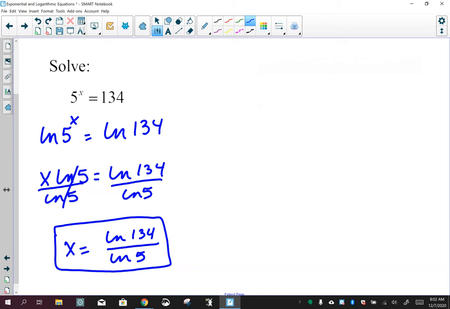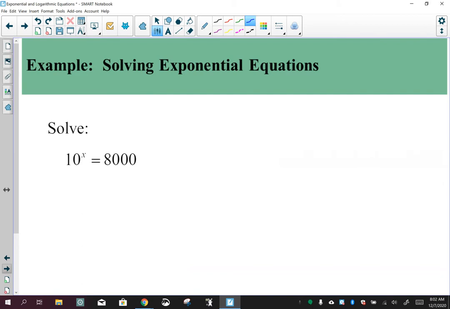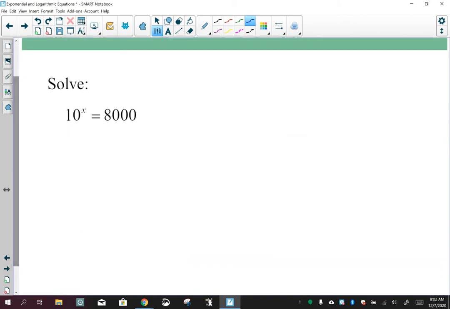So let's try this again. We have 10 to the x is equal to 8,000. All right. So the same thing is going to happen. You're going to do the same thing that we just did.